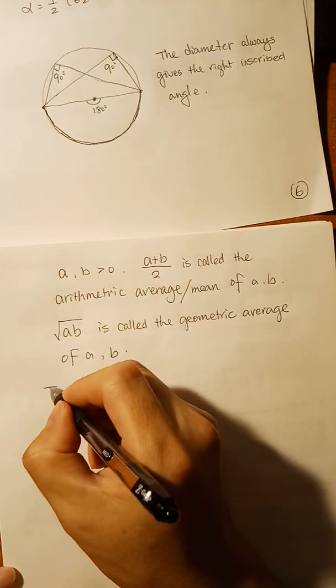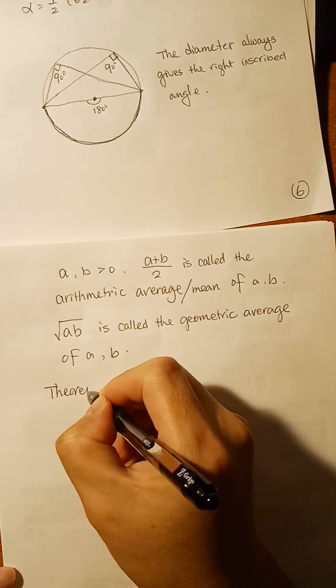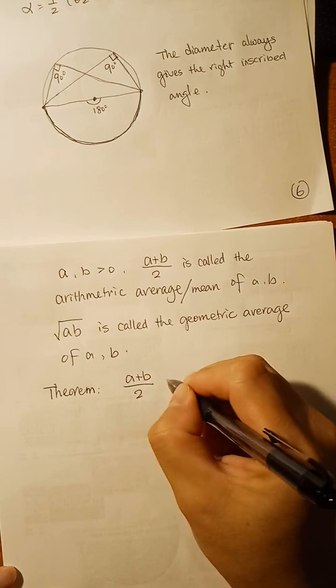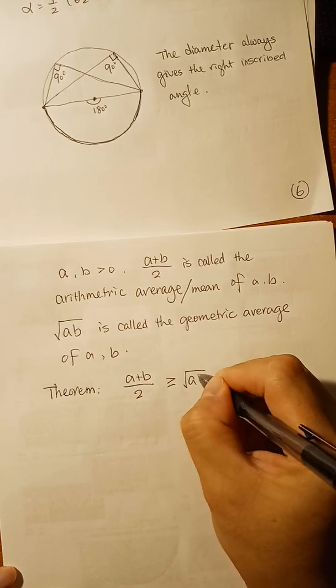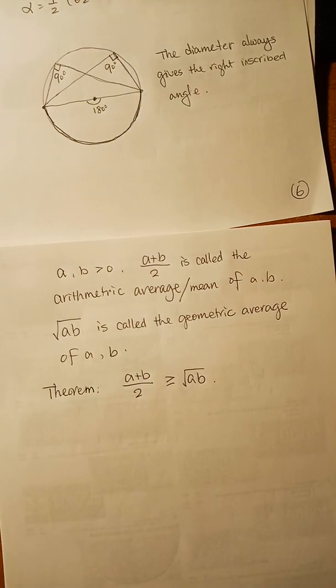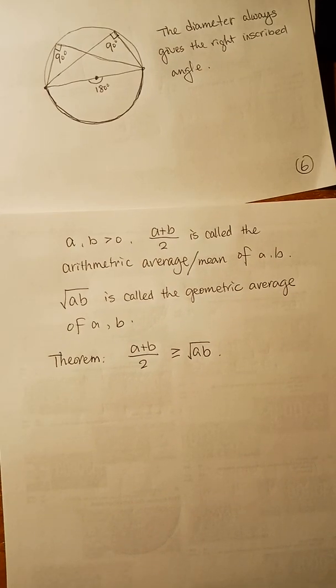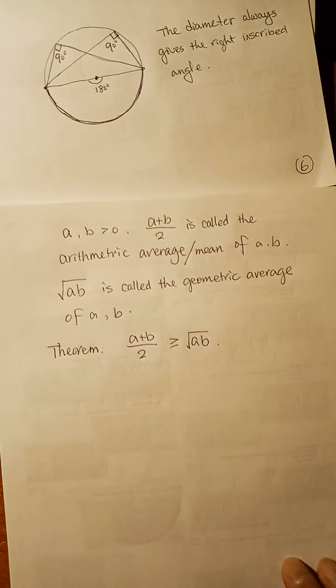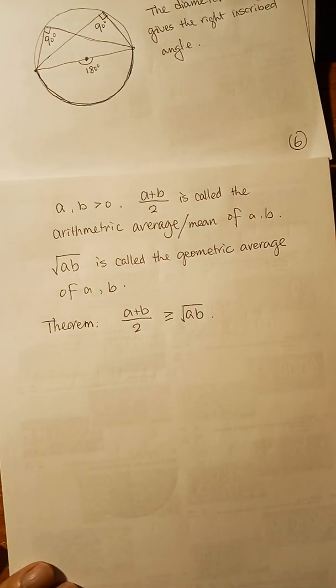And the result says the arithmetic average is always greater than or equal to the geometric average for any positive numbers. We only discuss positive numbers so far. Okay? So how do we prove it?